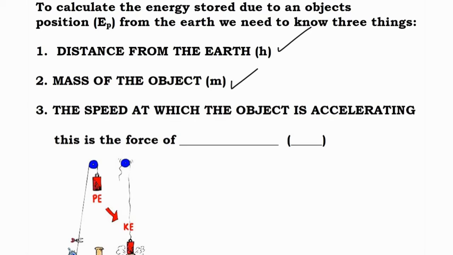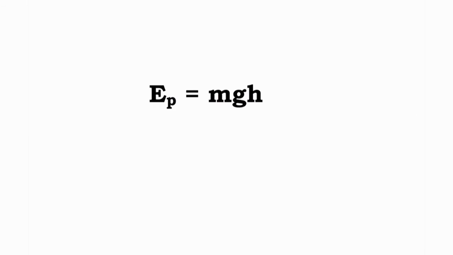The other thing that's important is the rate at which the object is accelerating. I shouldn't say speed, just say rate or acceleration. And that is g, 9.81 meters per second squared. It would probably be more terrifying if I was on the surface of a neutron star, where g is a lot higher.